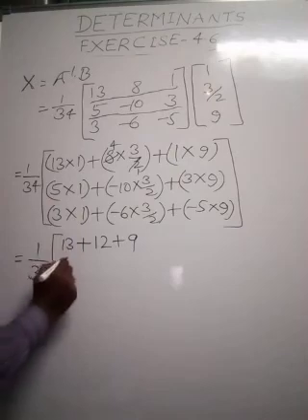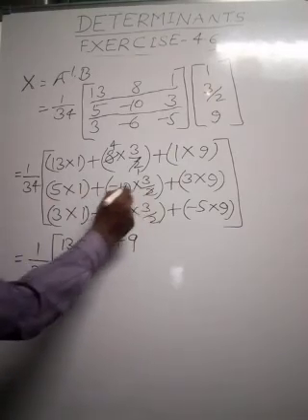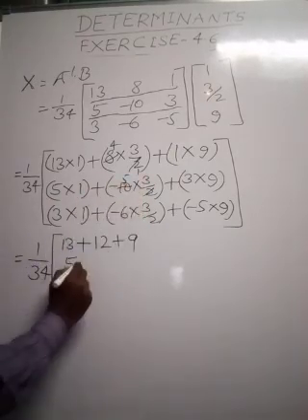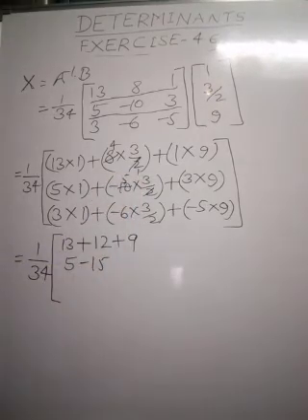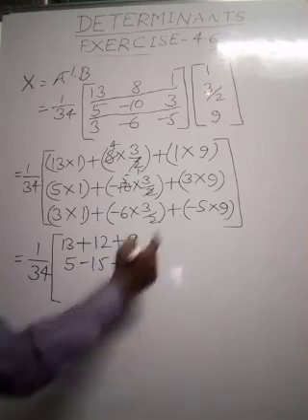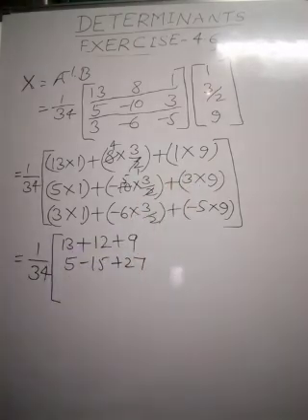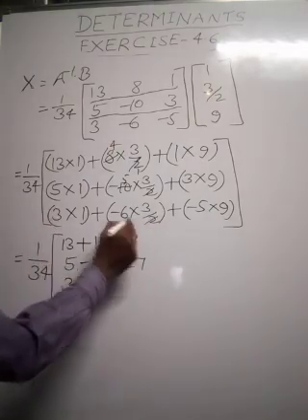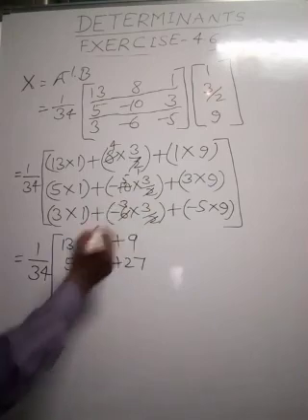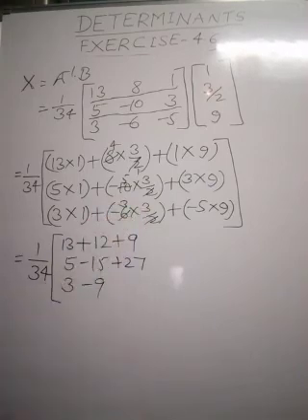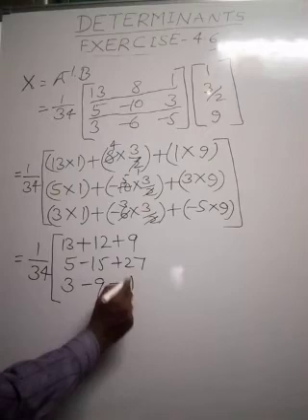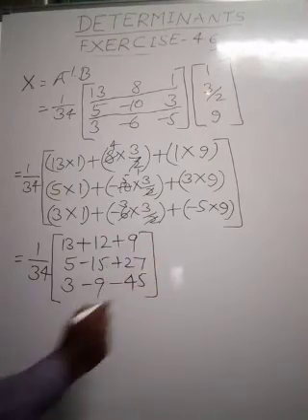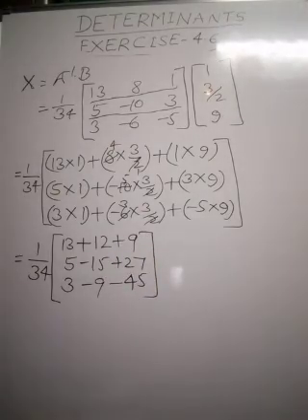What will you get here? 5, minus 15, by simplifying the numbers, plus here 9 3s are 27. Understood this step? Right. Now come to this one: 3 into 1, 3. Here 2 into 1 times 3, 3 times. So what will you get here? Minus 9. Here minus 45. Okay, my dear children?